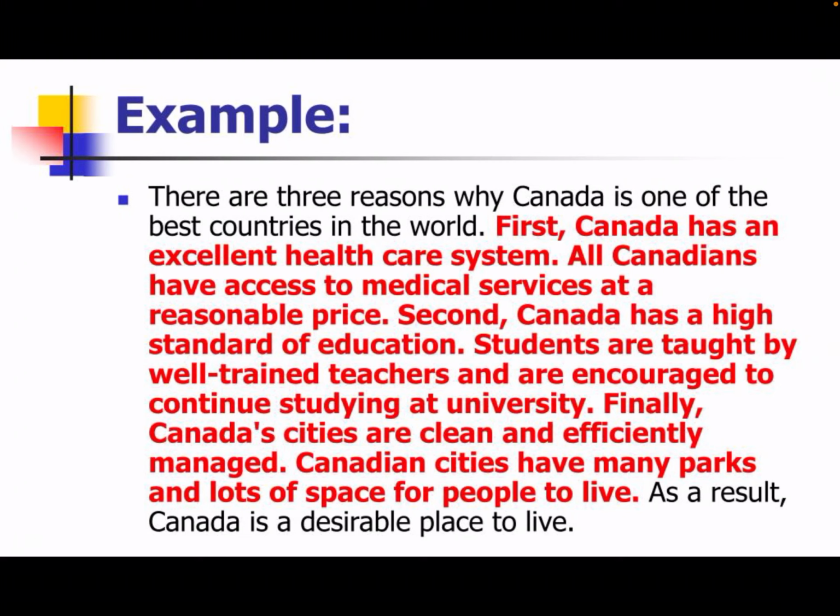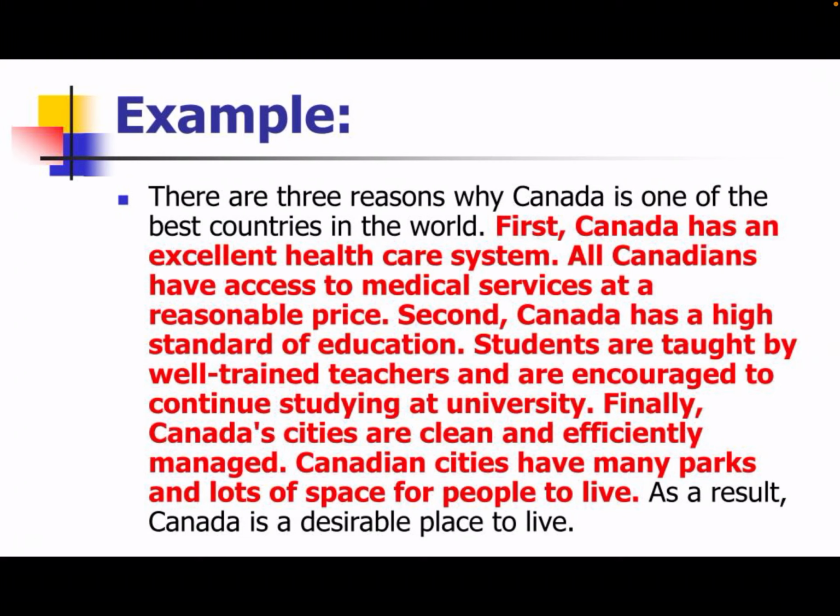So here we talked about our topic sentence, and in red here are the supportive sentences. I'll read it again to you first. Canada has an excellent healthcare system. Here's a supportive sentence, more detail: All Canadians have access to medical services at a reasonable price. So I have a supportive sentence, and I have facts and details.